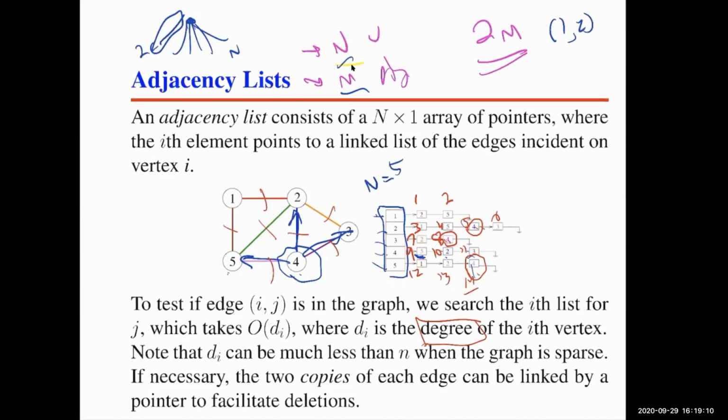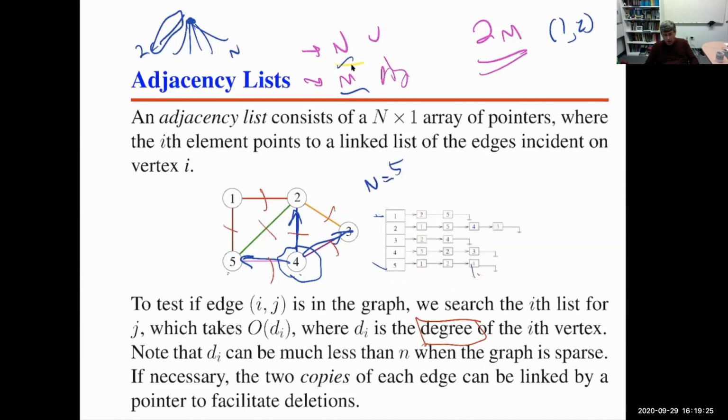Just really quickly, is the last sentence on this slide basically saying we can use a doubly linked list to make deletions easier? What it's saying here, this is something I didn't really need to talk about. Occasionally, to make deleting edges easier, you'll notice that each edge is going to appear in there twice.